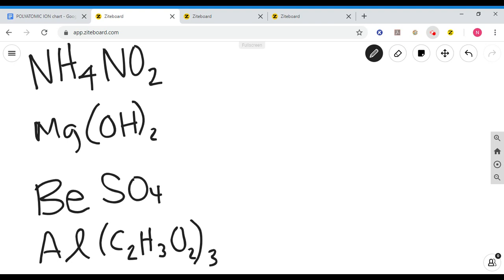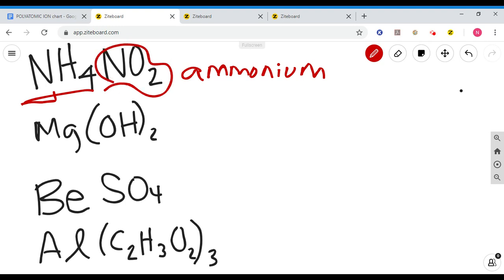All right, welcome back. Here we go. Do this kind of quickly so my video doesn't run out. Here's that tricky one. If you just underline N, you're not going to really find H4NO3. This is ammonium. What's left over has a little 2 with it, so it's nitrite. Moving on, Mg is magnesium.